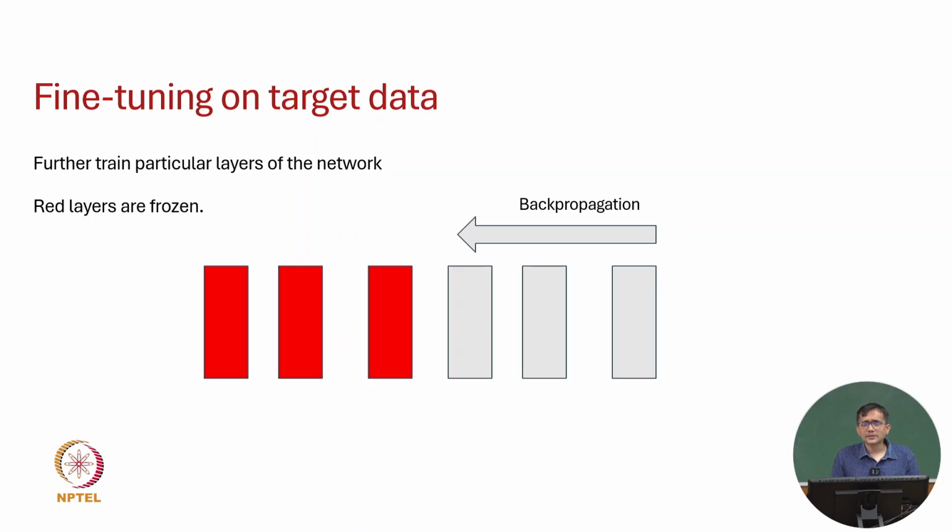Generally, in most of the works, what is done is that we just train the last few layers, not more than that, whereas the initial layers are kept frozen, based on the assumption that the initial layers are capturing features that are probably generalizable across different types of data.